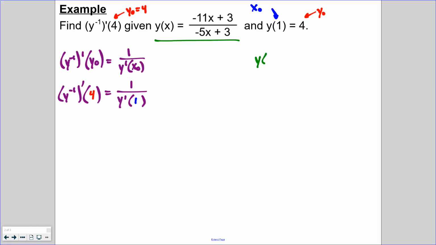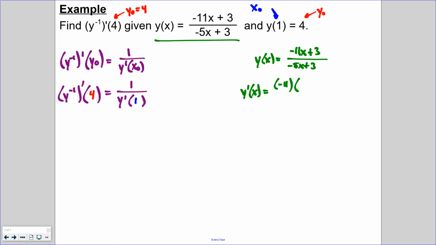We know that y of x is going to be negative 11x plus 3 all over negative 5x plus 3. And to take the derivative of this function, we are going to need the quotient rule. Now the quotient rule says that we're going to take the derivative of the top first. So the derivative of negative 11x plus 3 is going to be negative 11.